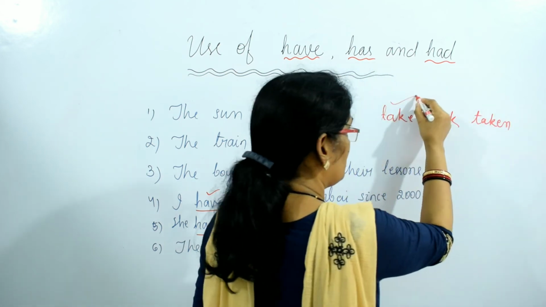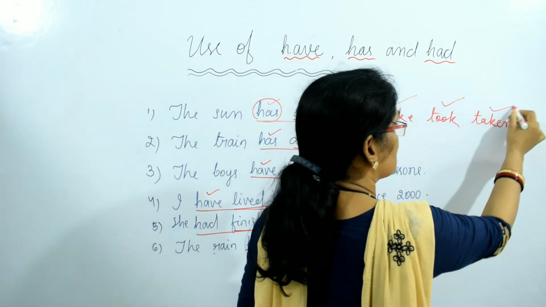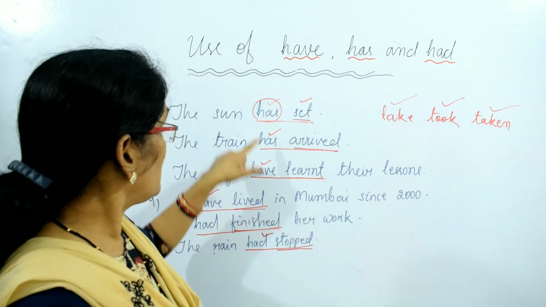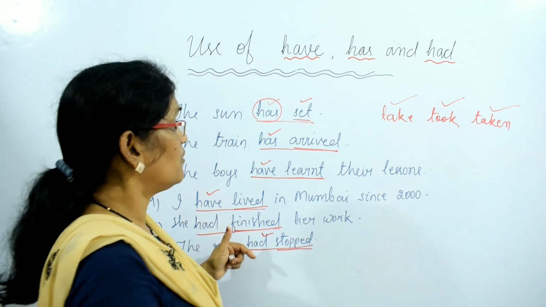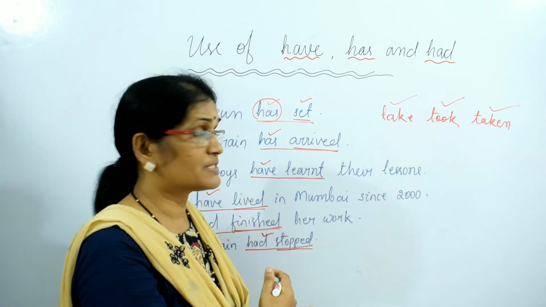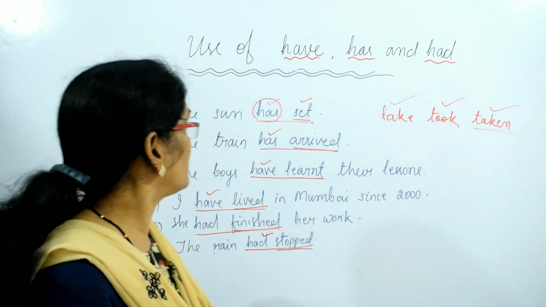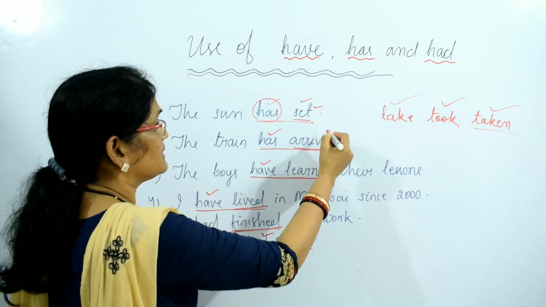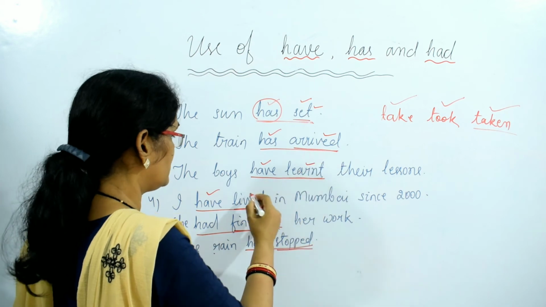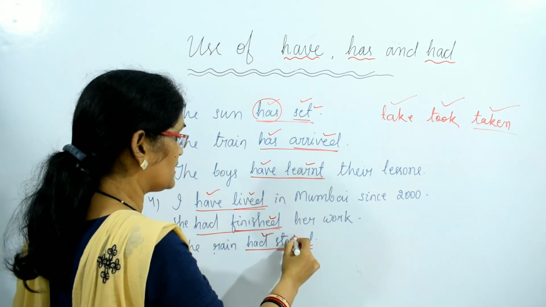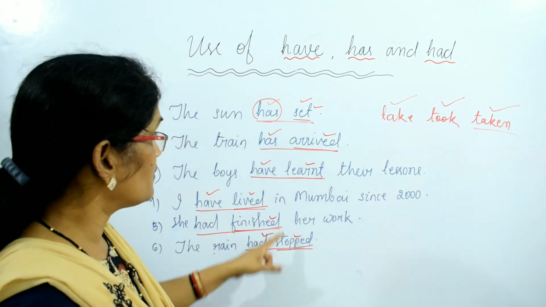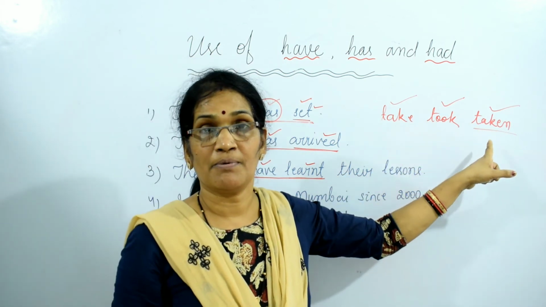This is the present form, past form and past participle. Here, have, has, had, all the helping verbs take V3, that is the past participle verb. The verbs set, arrived, learnt, lived, finished and stopped are all past participle verbs.